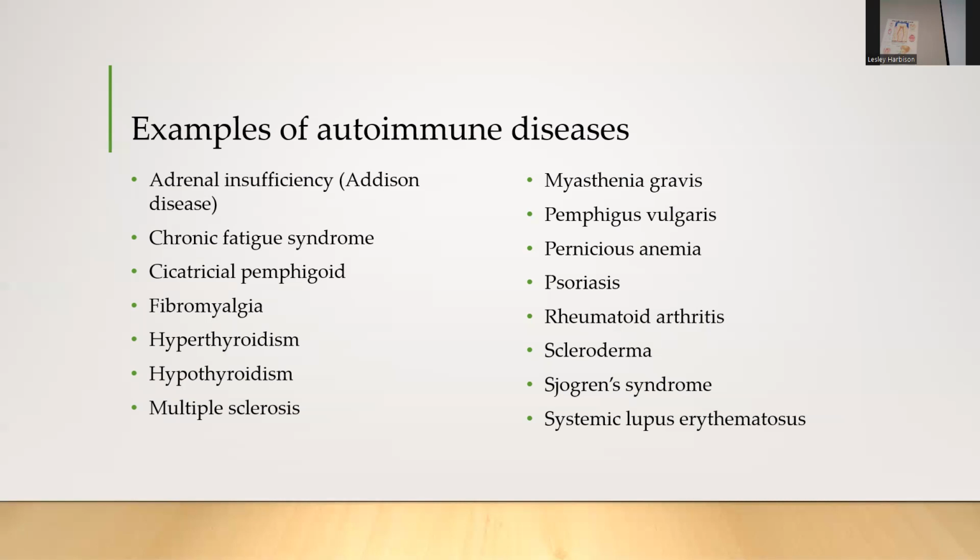And myasthenia gravis, pemphigoid vulgaris, and then have one. So I might need to. And then you guys are finished anemia. And then you guys, rheumatoid arthritis, Ashley, scleroderma, Sjogren's, and what happened? Did I miss?